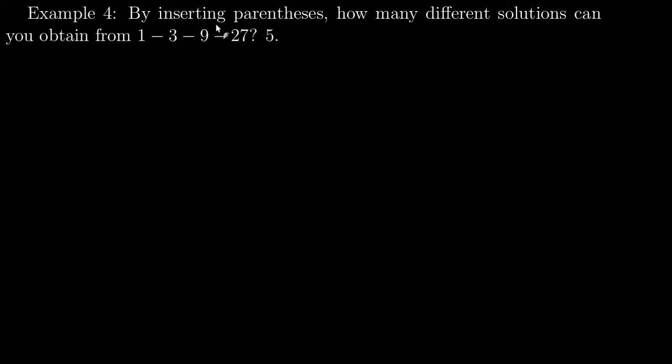Since there are 3 operations, then we're going to have 3 sets of open parentheses, 3 sets of closed parentheses. We're going to consider this as the parentheses and the variables, and this will determine what's going on. Each parentheses goes to 1 operation, and so let me see an example.